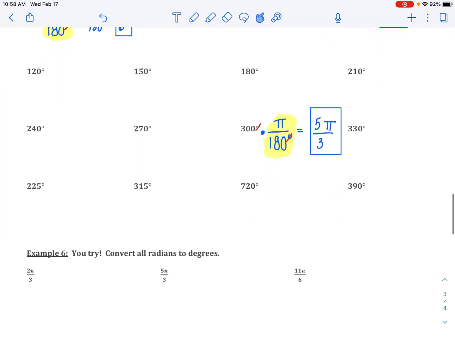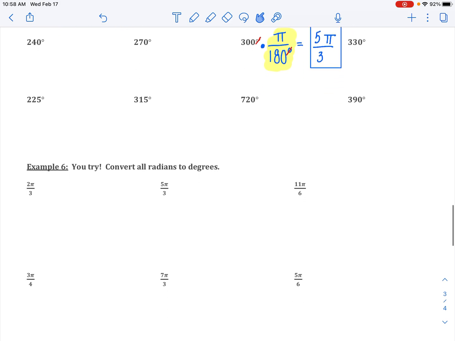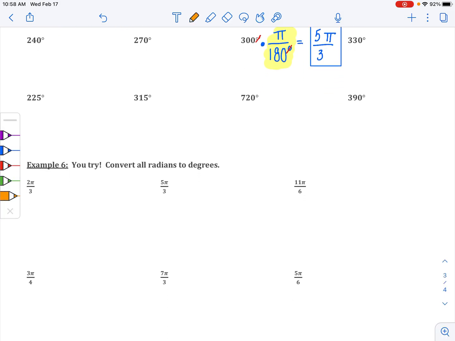Example 6 is now actually converting the other way. Again, we have two possibilities. Pi over 180 or 180 divided by pi. We need to decide which conversion to use. Looking at the fact that I have a pi in the numerator, 2 pi over 3, when I multiply, I know the pi needs to go in the bottom because I want to cancel.